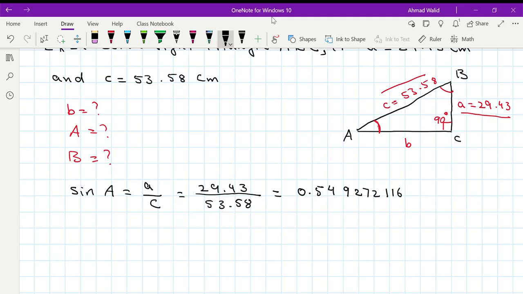Now, you know the sine. This is the sine of the angle, this number, as a fraction. To find the angle, you have to look for the inverse sine.